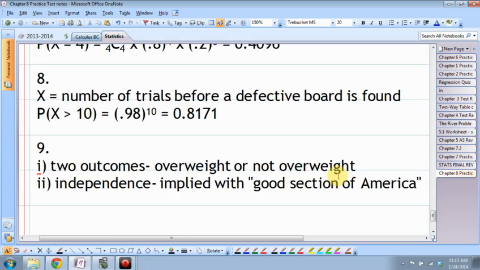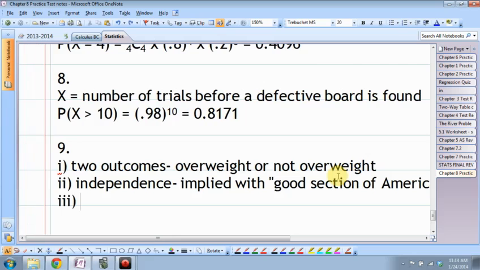Okay. 3. What's the third for this? Set number of trials. How many trials are we doing? 30. Okay, so we're doing 30 trials.